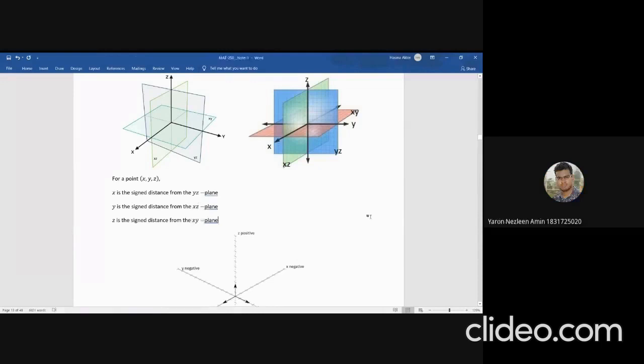Just keep a ball on the floor of your room. Your floor is the xy plane because your floor is the horizontal plane. So what will be the distance of the ball from the horizontal plane?